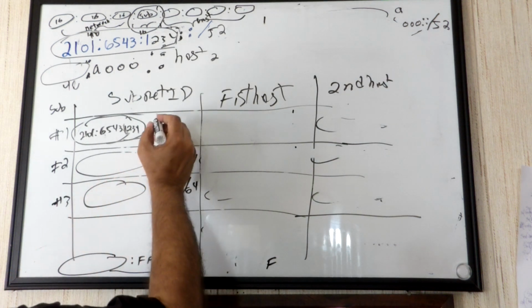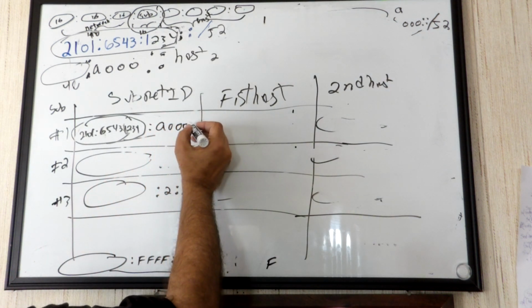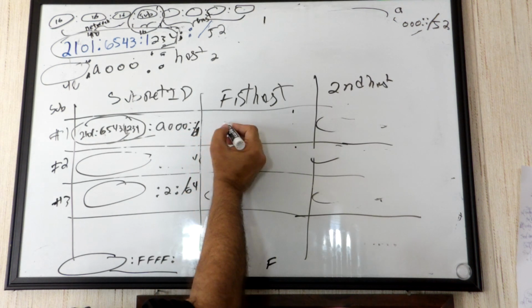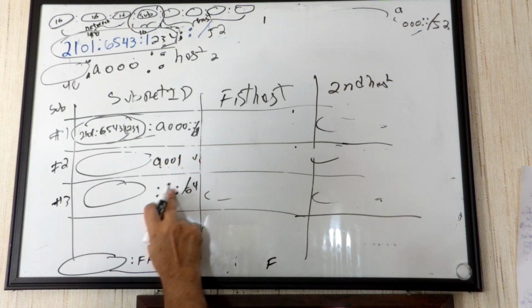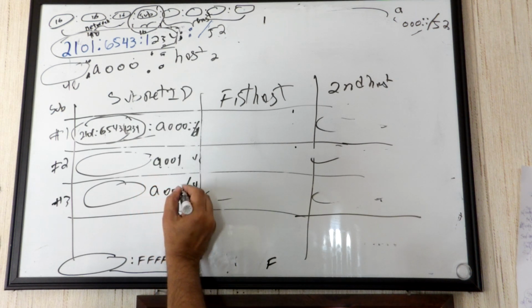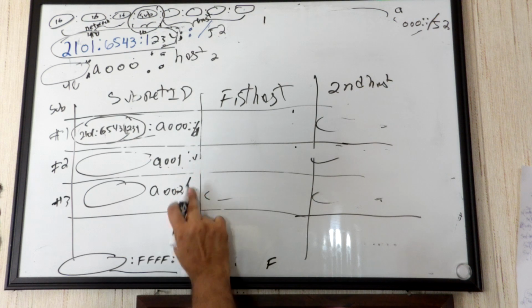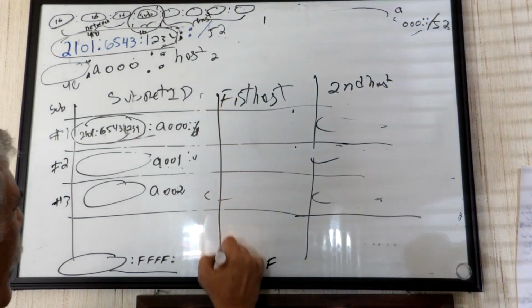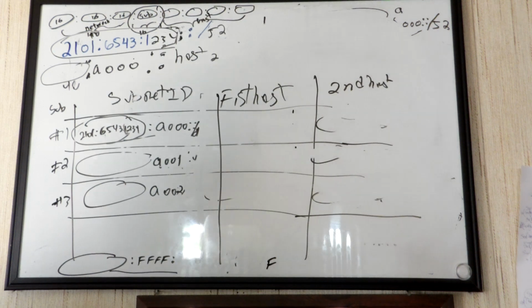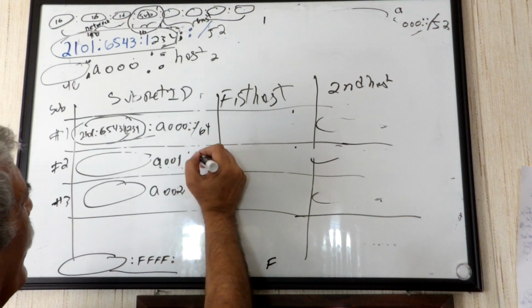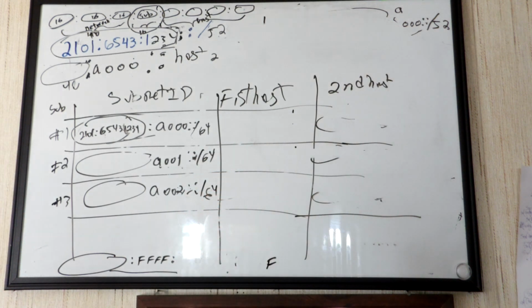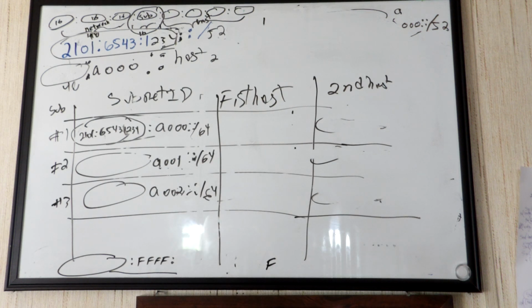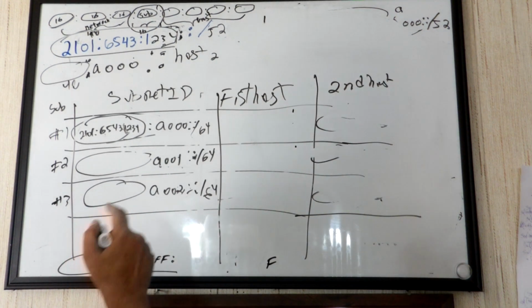8000, 64 here, and then 8001, A002. Okay. And then this continues for the host.